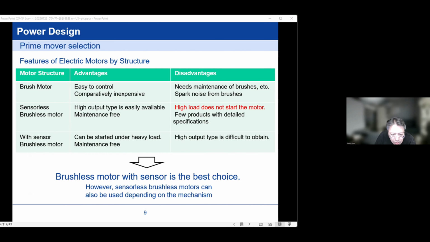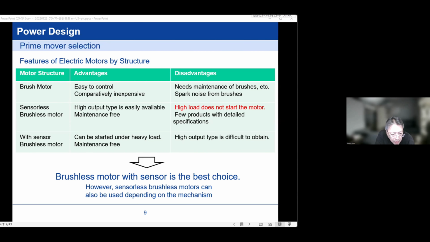So this is the decision. And since most of them are for hobby use, there are not many that provide detailed specifications.